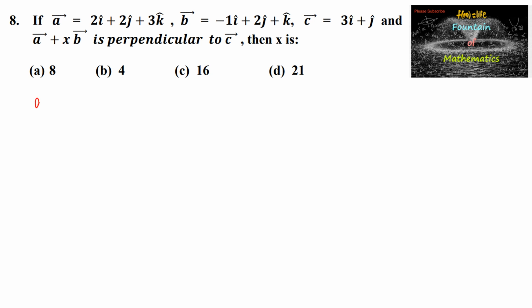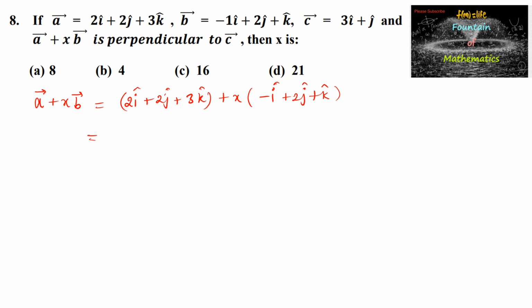So let us consider A + x times vector B, which is equal to 2i + 2j + 3k plus x times, where x is some real number, vector B, that is -i - 2j + k.